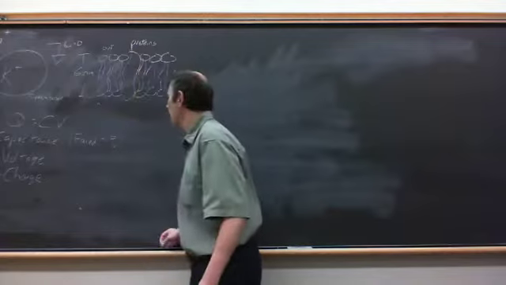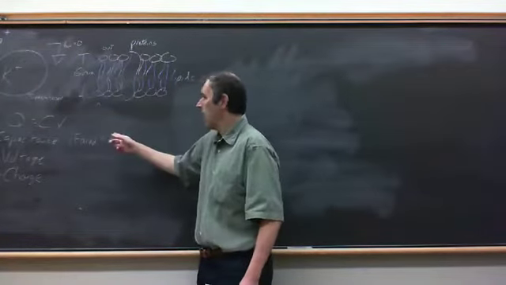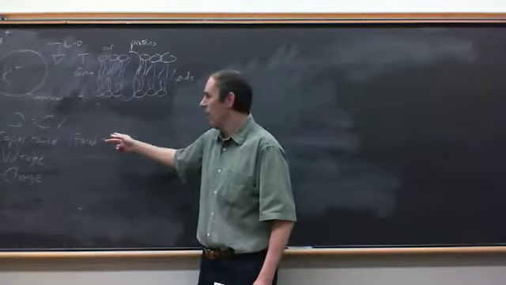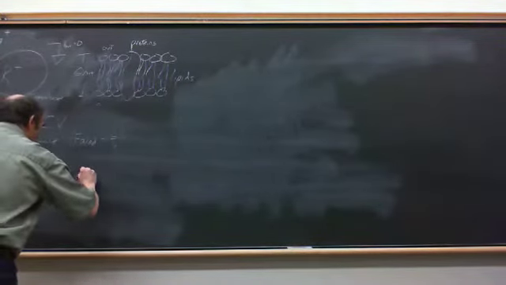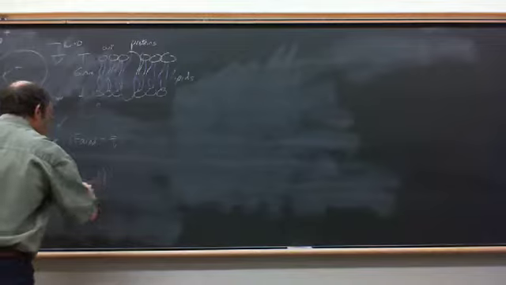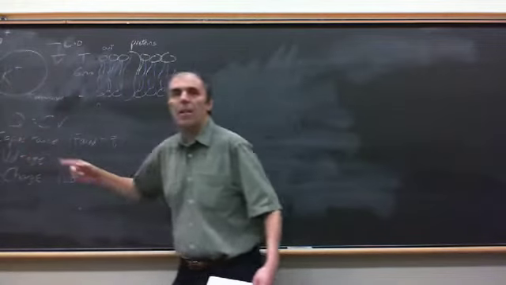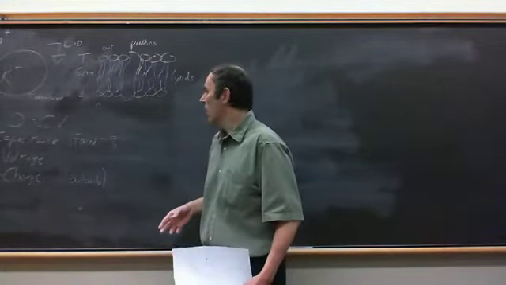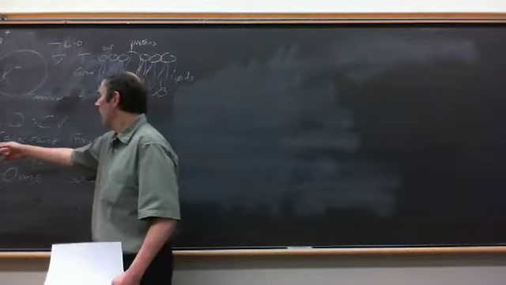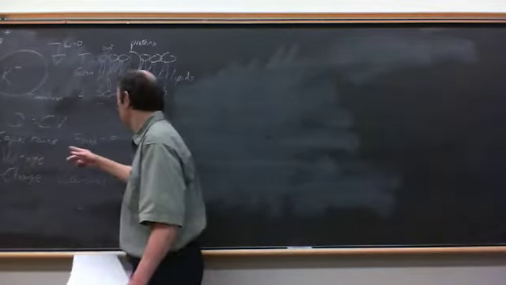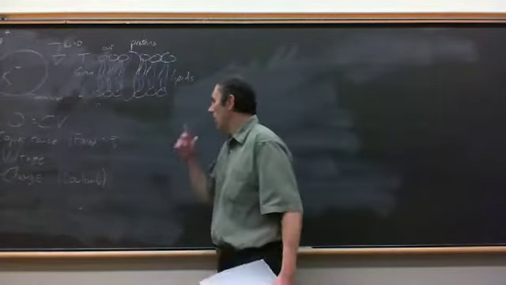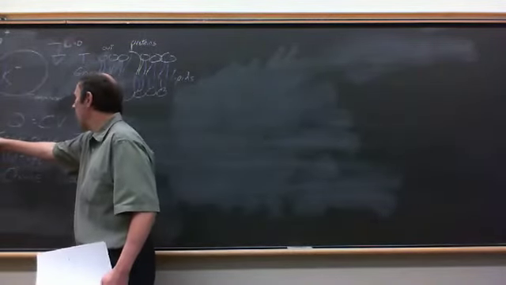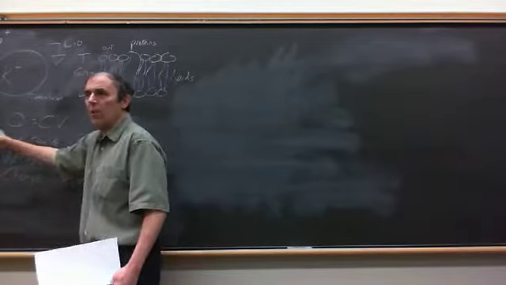Now this is confusing because here I'm using C for coulomb. Coulomb is the unit of charge. And here I'm using C for capacitance. Now, if this was typed in a book, usually the symbols for variables are italicized and the units are not, so it wouldn't be quite so confusing. But when I write on the board, you have to realize which is which, whether it's a symbol or a unit.